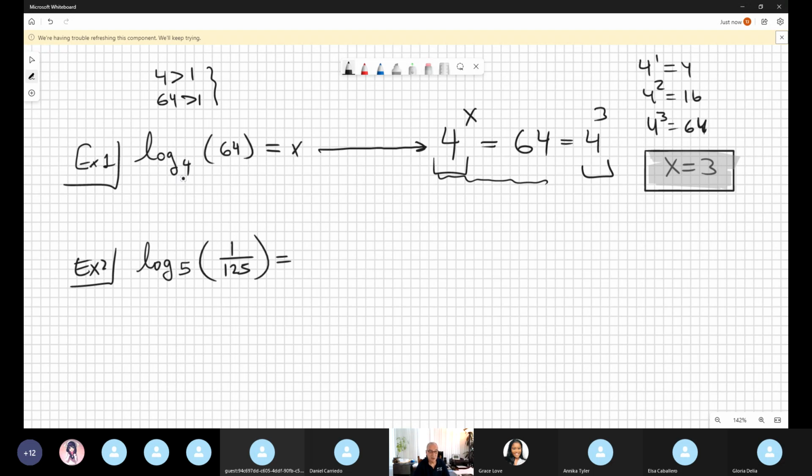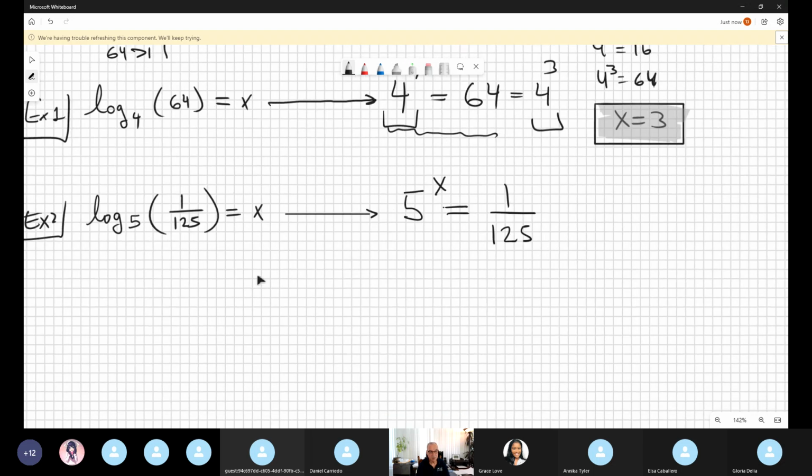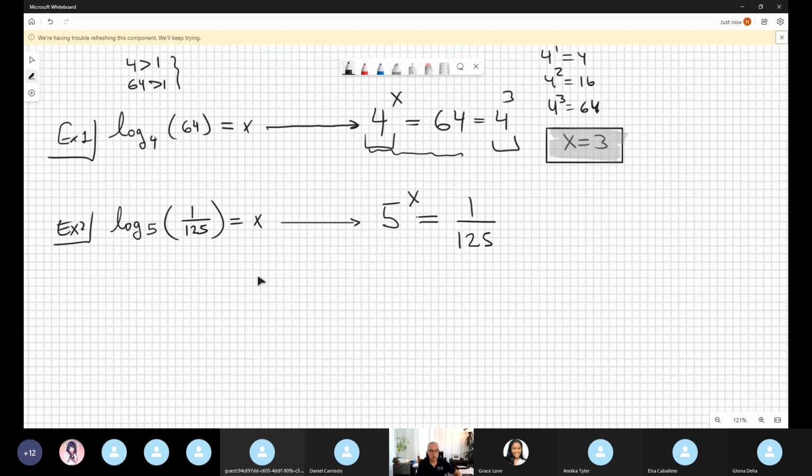So you have no idea, you put x, you convert to exponential to see more clearly. The base is 5 to the exponent I don't know, equal to 1 over 125. Now I change my problem from logarithmic to exponential.